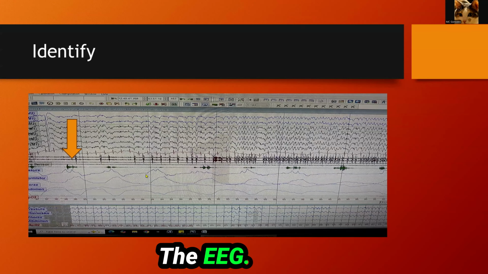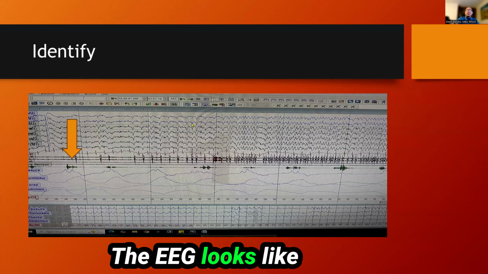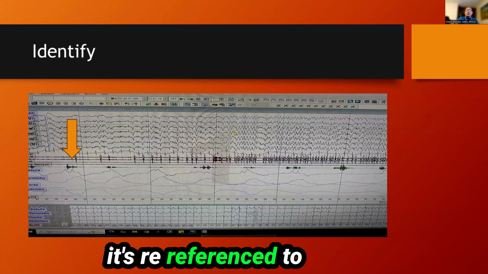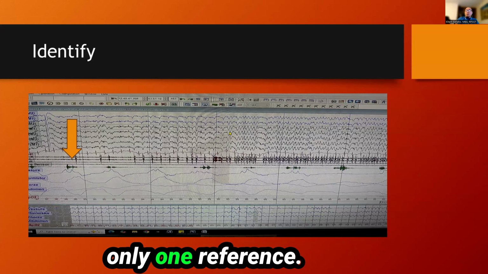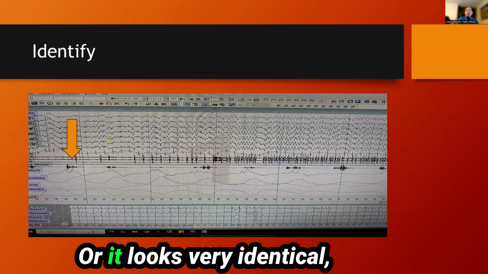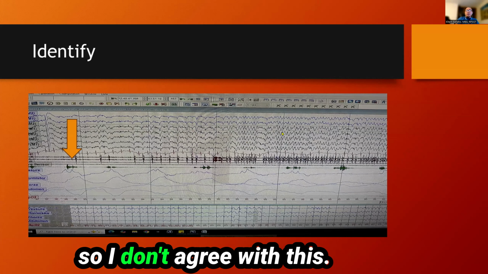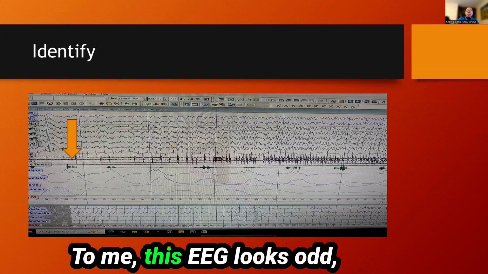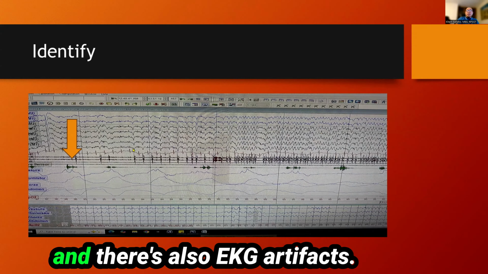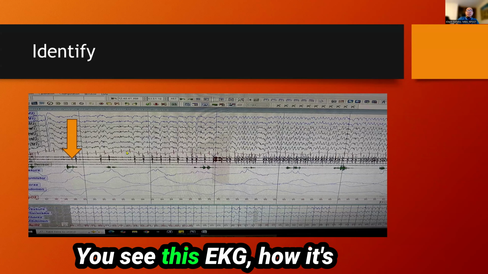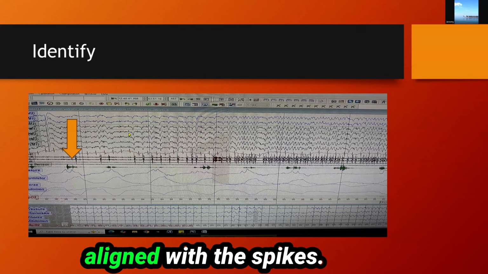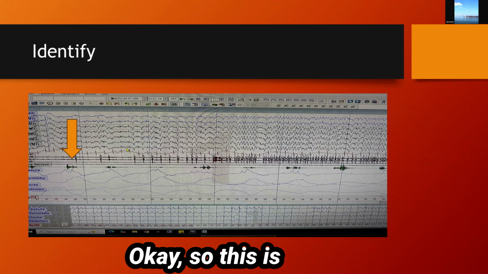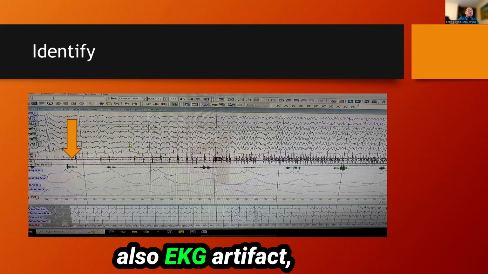The EEG looks like it's referenced to only one reference, or it looks very identical. So I don't agree with this. To me, this EEG looks odd. And there's also EKG artifacts. You see this EKG? How it's aligned with the spikes? Okay, so this is also EKG artifact.